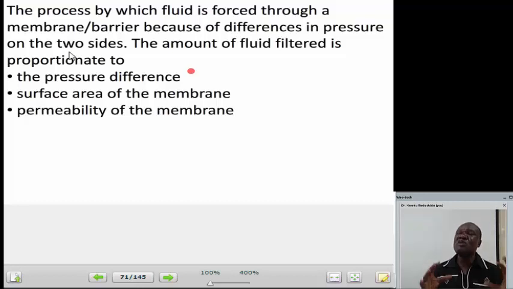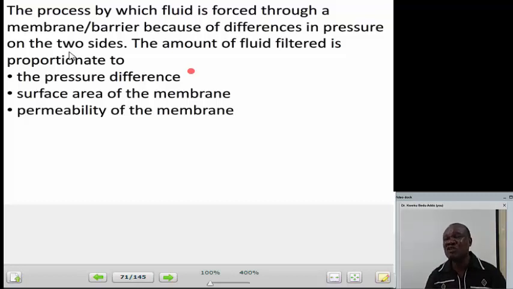So fluids will be forced from the region of high pressure to the region of low pressure. And the rate of filtration depends on the pressure difference. If the pressure difference is big, rate of filtration is high. If the pressure difference is small, filtration rate is low.